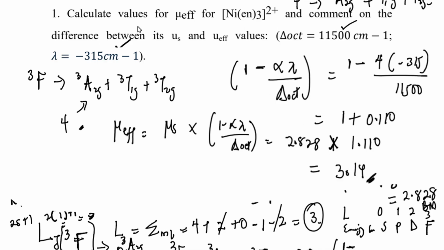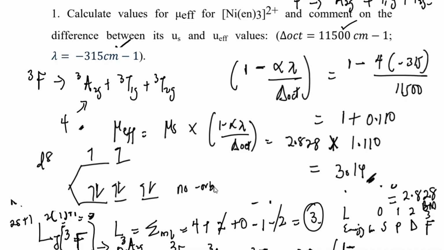So now comment on the difference between this and this. Since the configuration gave an orbital contribution, right? You know, this is d8, right? And when we did the configuration, there was orbital contribution, so this is 5, this is 6, 7, and this is 8, right? So 1, 2, 3, 4, 5, 6, 7, 8. So okay, there was basically no orbital contribution.